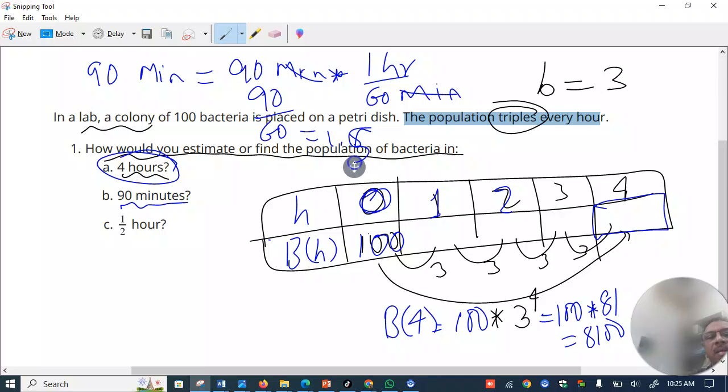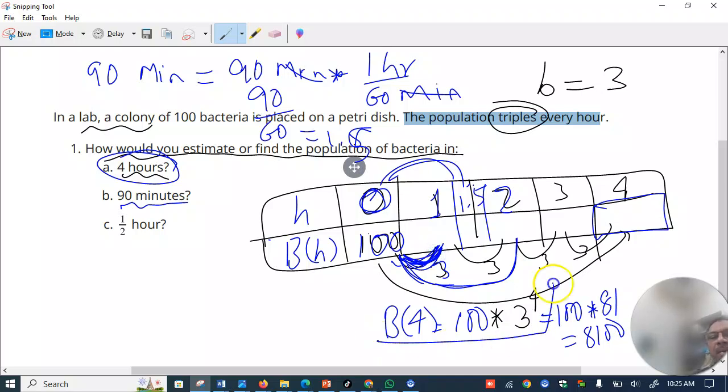So 1.5 is in between here, between the 1 hour and 2 hours marks.